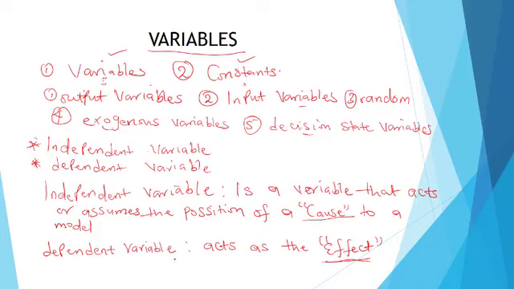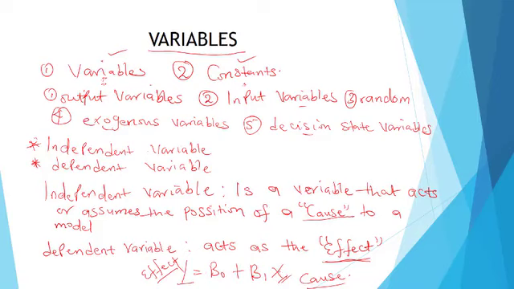Now, if we have an equation like this, y equals b naught plus b1 x, you can see that our y is what we are looking for. So our y serves as the effect or the response, and our x here serves as the cause.